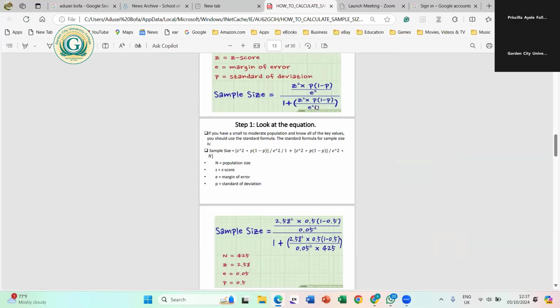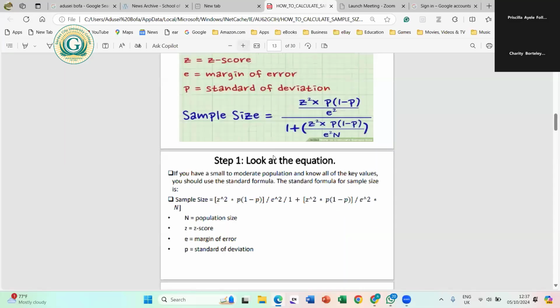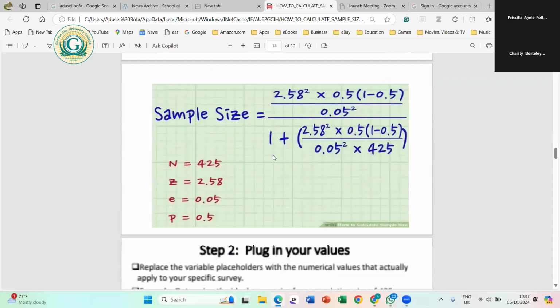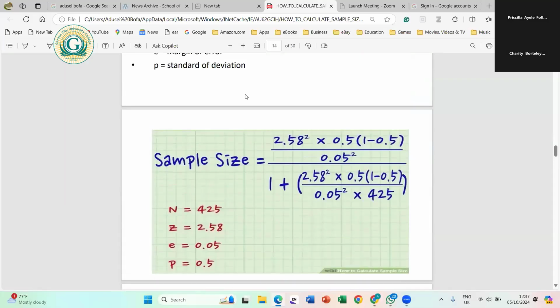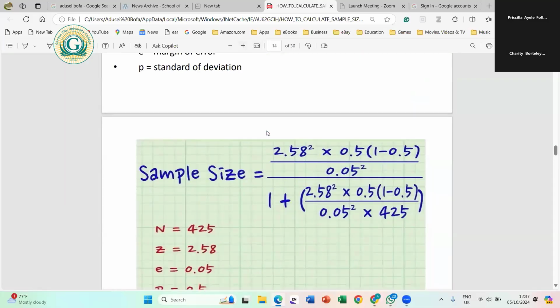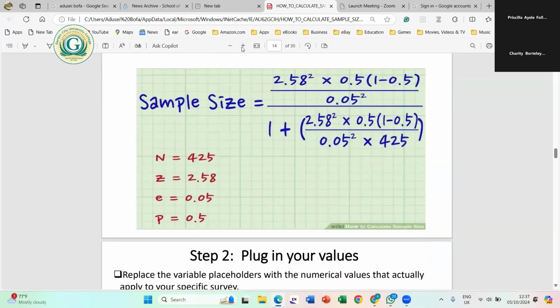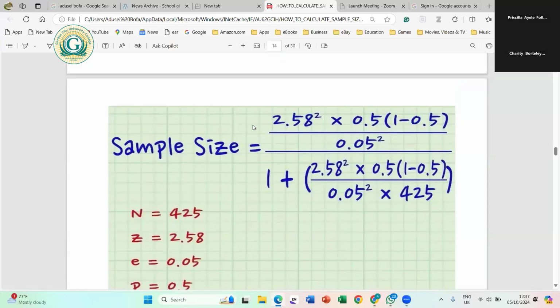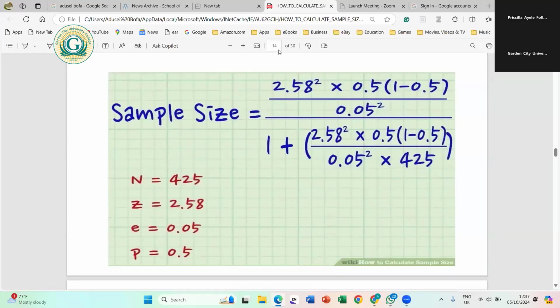This is 425. So that's why we have 425 here, and so on and so forth. Please try it. Do the computation there.